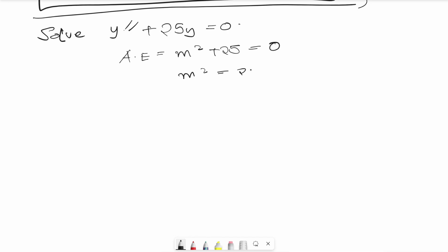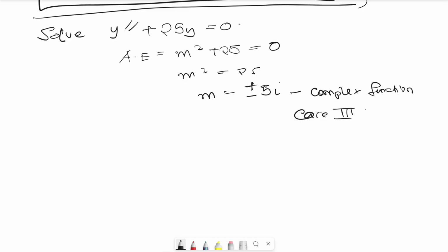M square is equal to minus 25. So m will be positive or minus 5i, which is a complex root, making it a case 3 scenario.